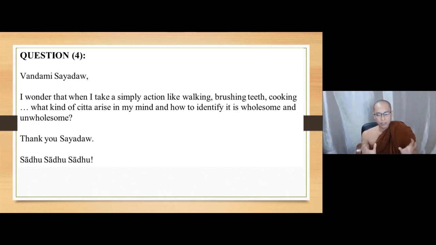If the beautiful mental factors arise, we can say that it is wholesome. If no beautiful mental factors arise at that moment, it is sure that you are performing this action with consciousness influenced by at least moha, delusion. Sometimes attachment comes into the mind as a root, lobha-mula, which is unwholesome.